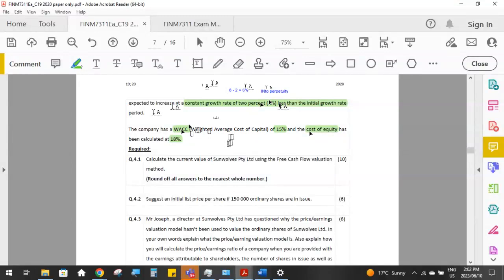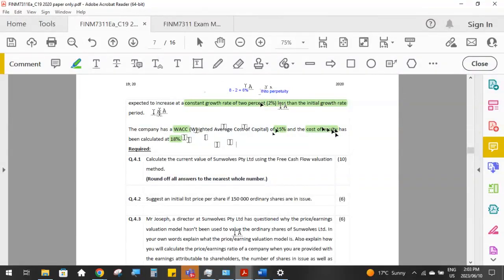So weighted average cost of capital means with all the sources of funding that I've got, which in this company's case is preference shares and bonds, the average cost of capital is 15%. But the cost of equity, which is only the cost of the actual shares in the business, or the cost of the dividends that they have to pay the shareholders, that is 18%.